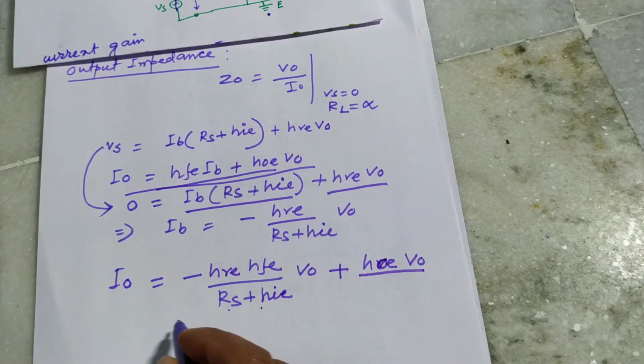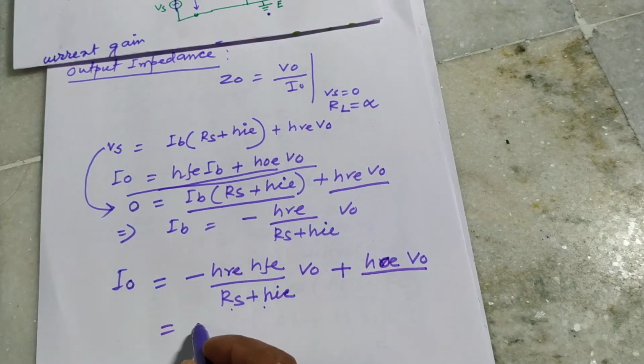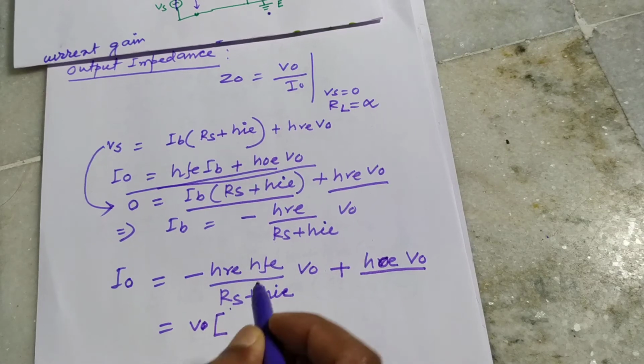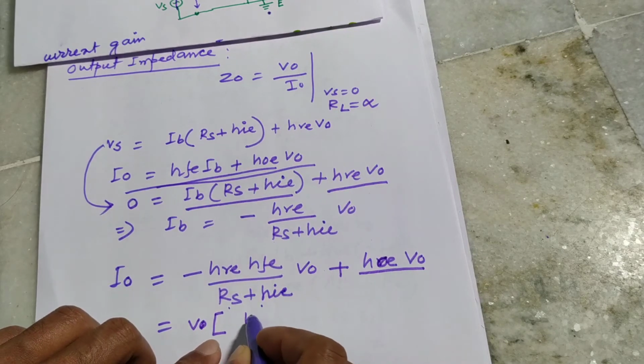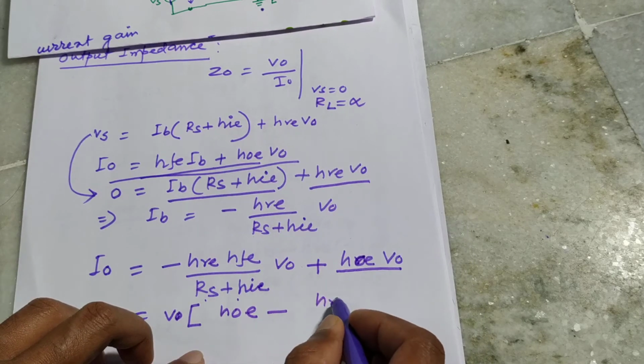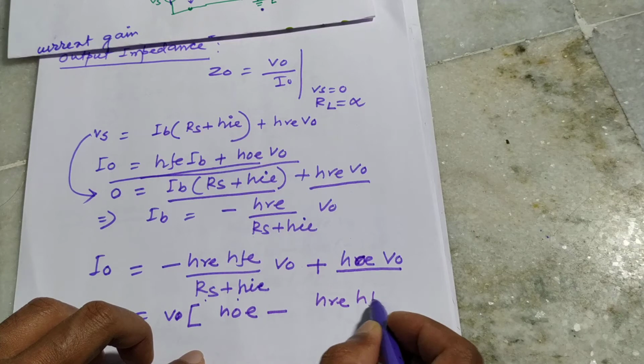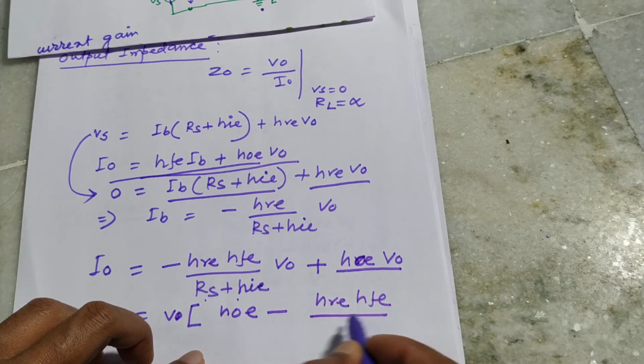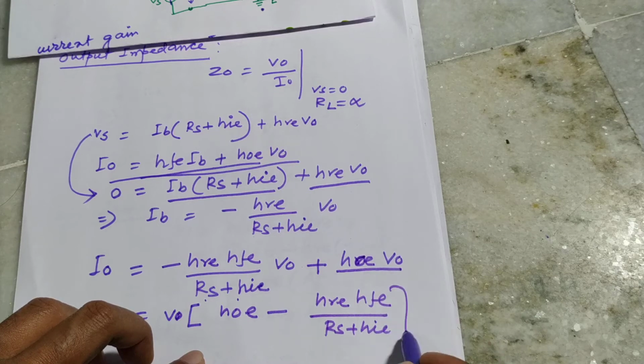Okay, so if we take V0 outside, then we can write HOE minus HRE HFE by RS plus HI.